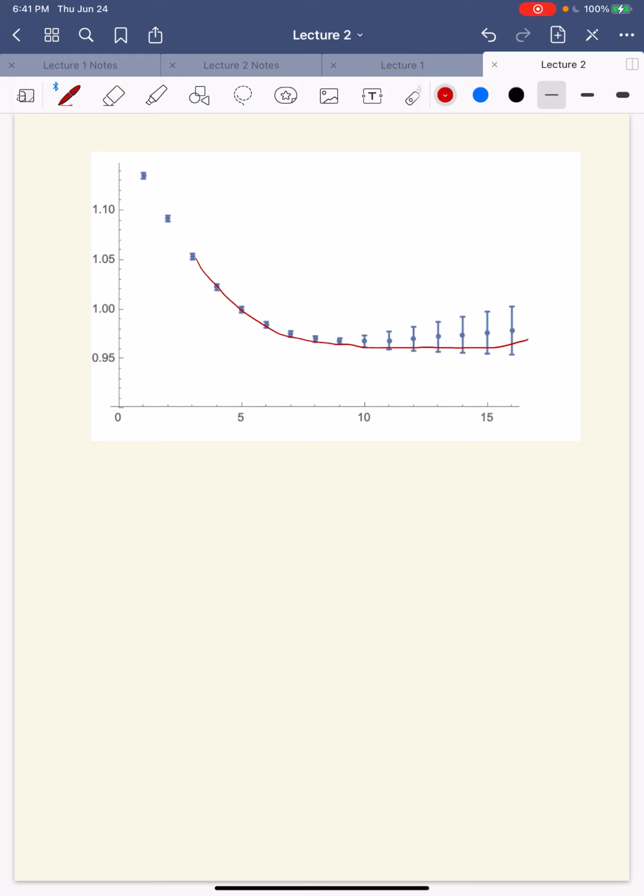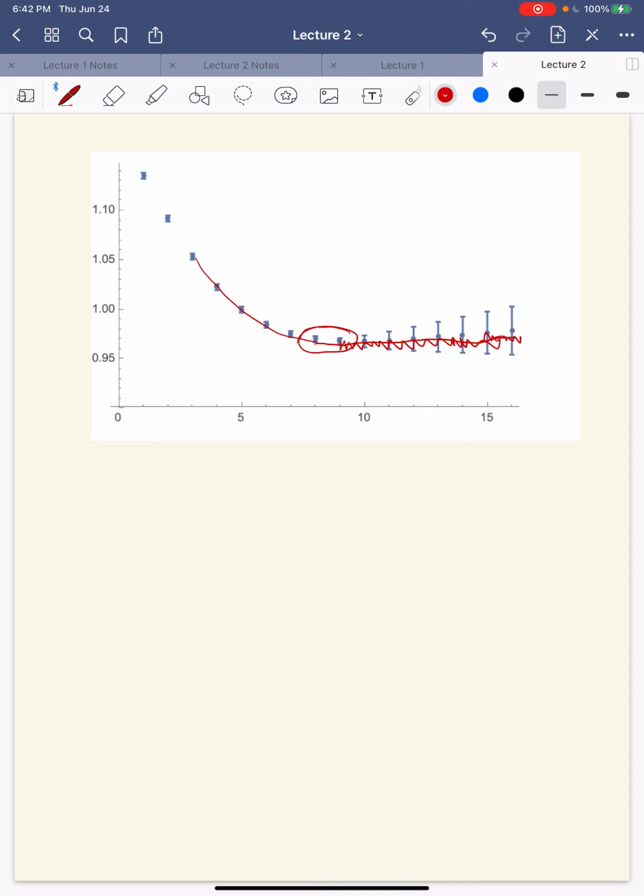Here, it flattens out. And your error bar would be dominated by these early time slices here, right? So the error it would give you would be maybe something like this.